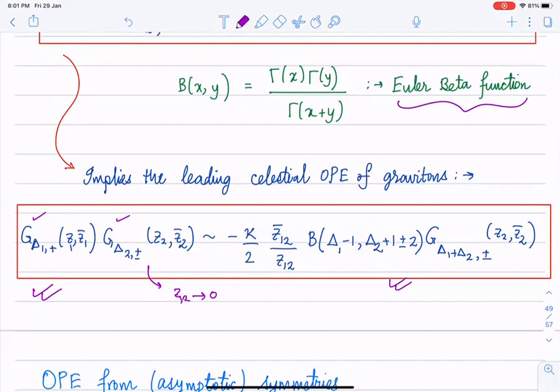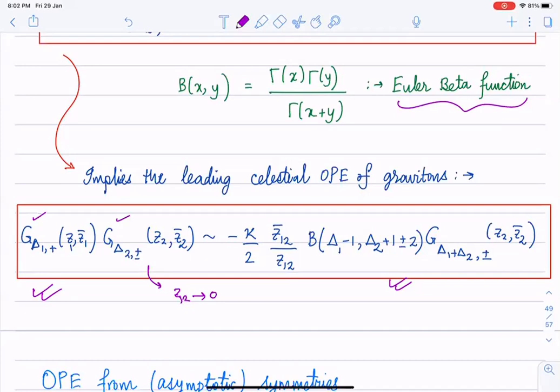Excuse me, I just wanted to ask, the exponents of Z12 and Z12 bar are opposite. Yes. Can you see how that matches with the scaling weights of the objects on the two sides? Okay, good.